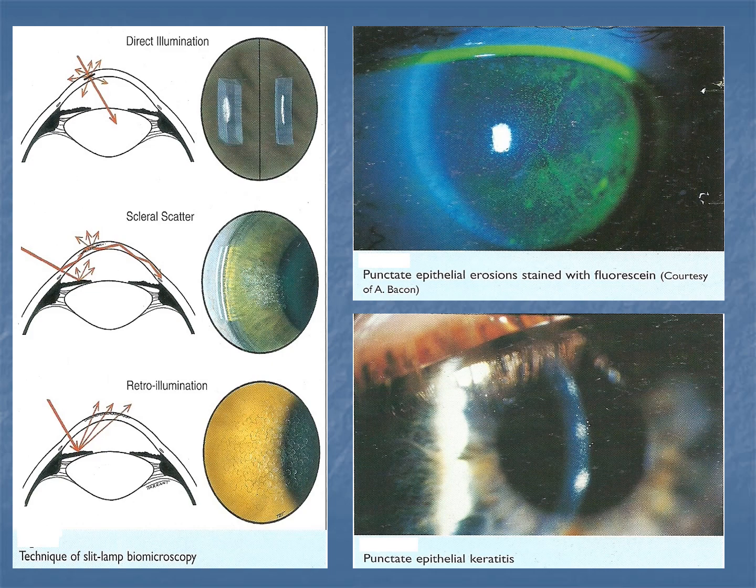For you, this general direct illumination is important. You can see the cornea with the help of torchlight and find whether the cornea is transparent, shining or otherwise. But with the help of the slit lamp, we can very accurately diagnose where the lesion lies.